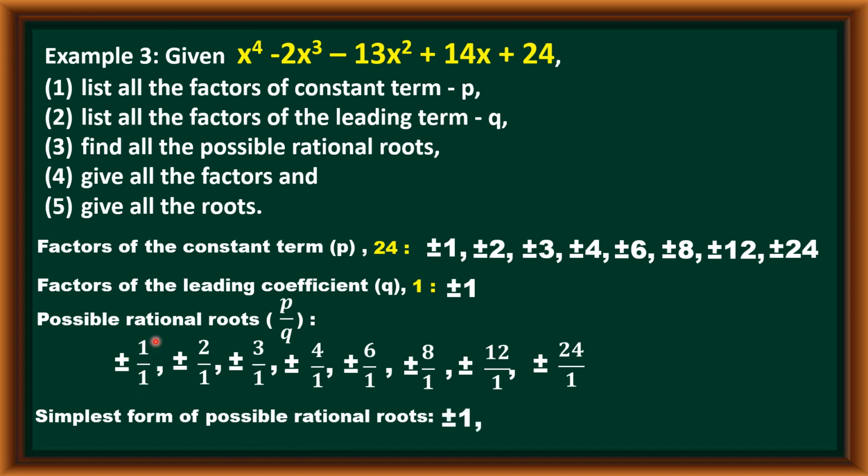Isn't it that 1 over 1 is 1, and 2 over 1 is 2, and so on? 3, this one is 4, 6, 8, 12, and 24. Positive and negative yon. So, bilangin nga natin ilan yung mga possible rational roots. We have 1, 2, 3, 4, 5, 6, 7, 8. 8, pero since positive and negative yon, so we have 16 possible rational roots.